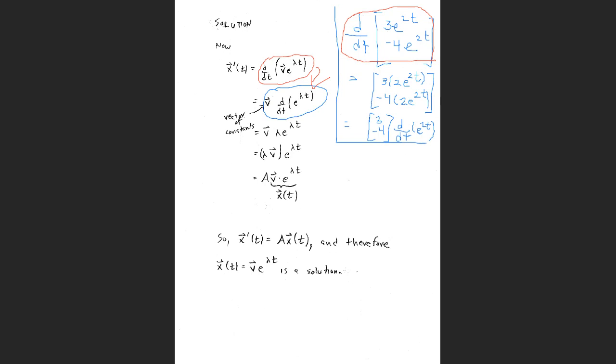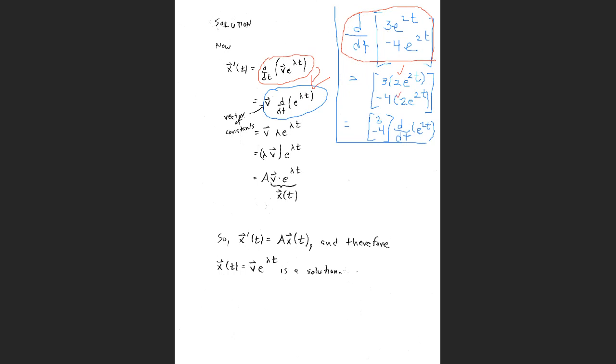If you differentiate that vector, for the first entry you get 3 times 2 times e to the 2t, and for the second entry, negative 4 times 2 times e to the 2t.